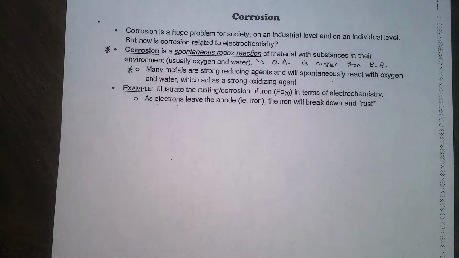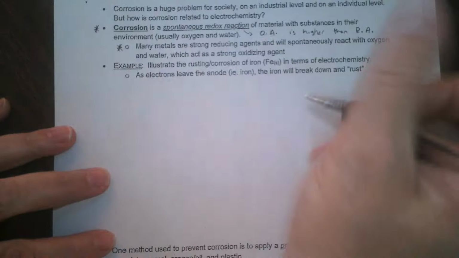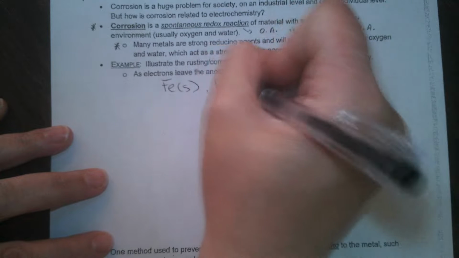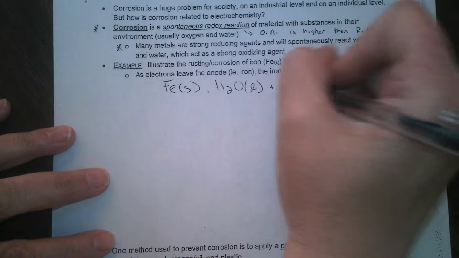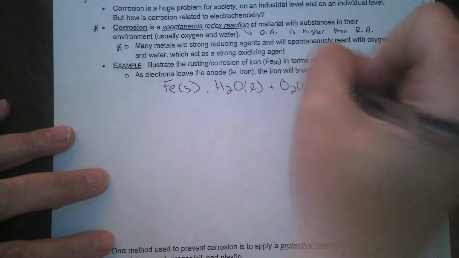So illustrate rusting corrosion of iron in terms of electrochemistry. As electrons leave the anode, the iron will break down and rust. So, what's present? When we read this statement, we know that we're going to have iron, we're going to have water, and we're going to have oxygen.